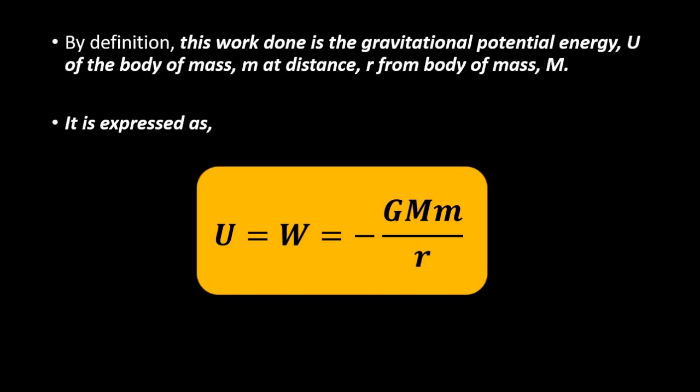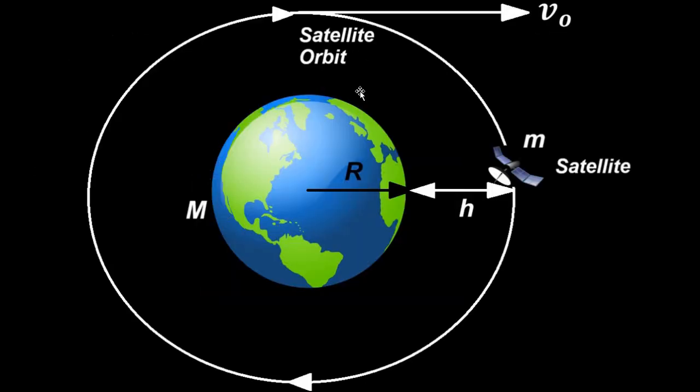If you use the same concept for the satellite and Earth system, where Earth is the source mass of mass capital M, the satellite is the test mass of mass small m, and the separation distance between them is capital R plus small h, where capital R is the radius of the Earth and small h is the height of the satellite above the surface of the Earth. So the total separation of the satellite from the center of the Earth is R plus h.